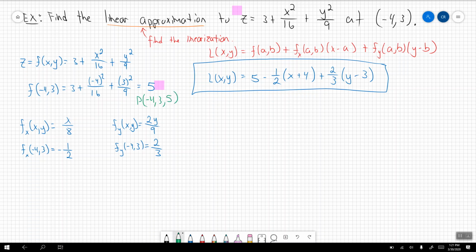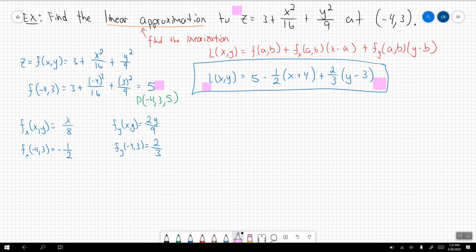Putting this point on GeoGebra and then graphing this plane, z equal to all this, we're going to be able to see that this plane is tangent to the initial function at this given point. And that's the linearization, or the linear approximation, that we want to work with. So those are linear approximations, and those are tangent plane approximations.